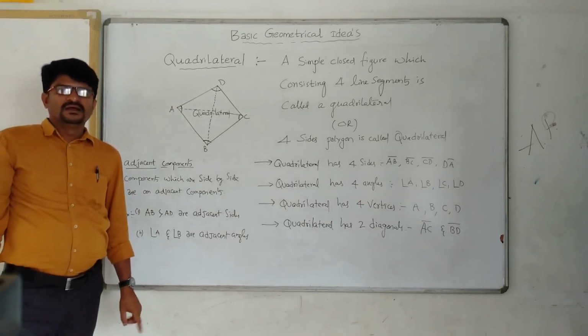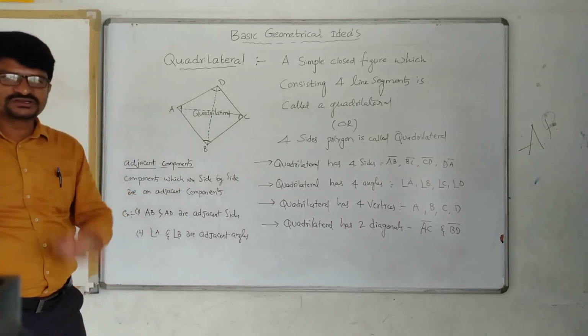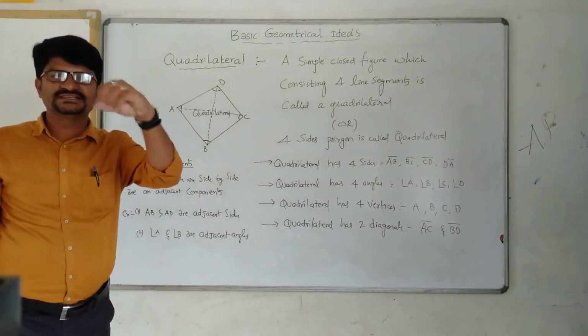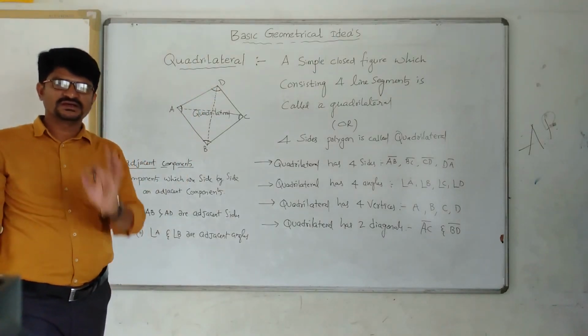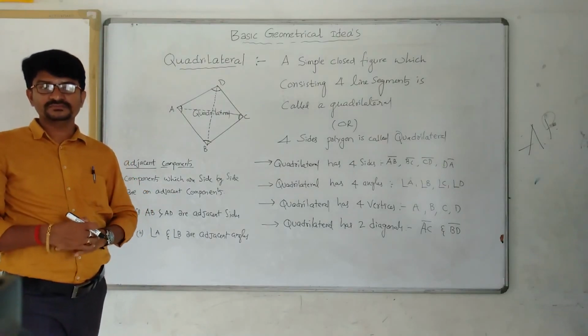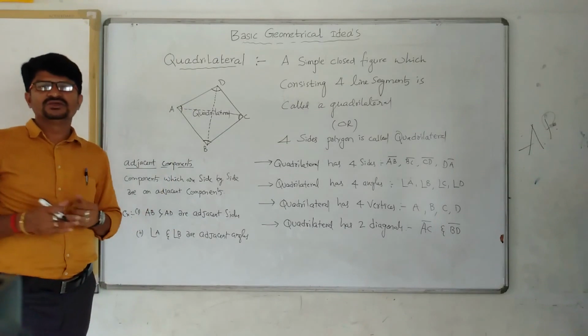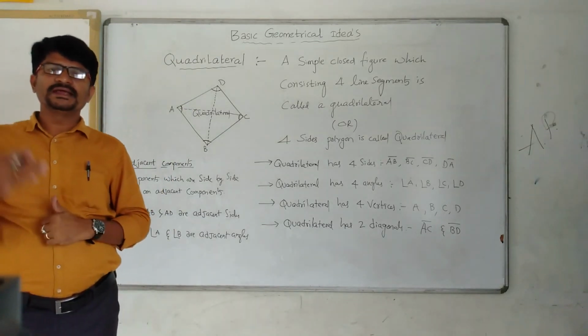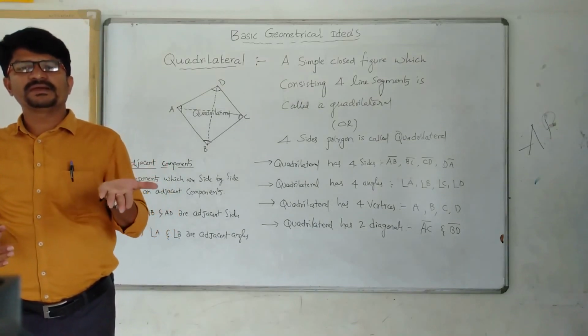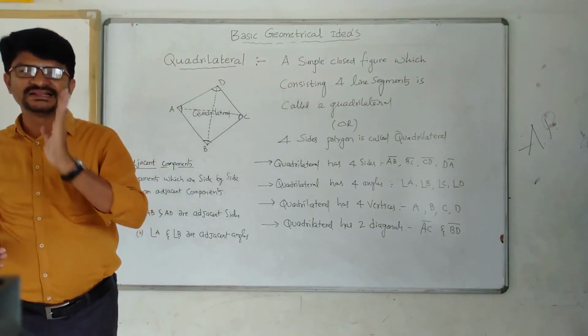Okay? Now children, this is a question for you. You have to make the remaining pairs of adjacent sides and adjacent angles. This is the closure question for you all. This is the home assignment for you. For a quadrilateral, you can make the remaining pairs of adjacent sides and adjacent angles.